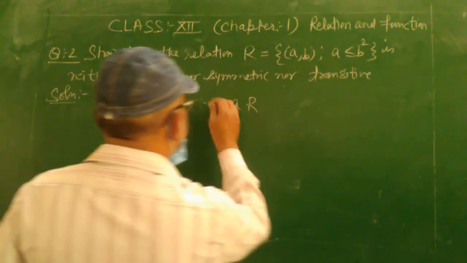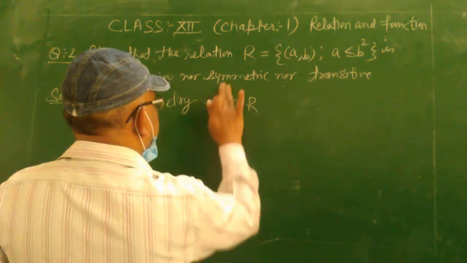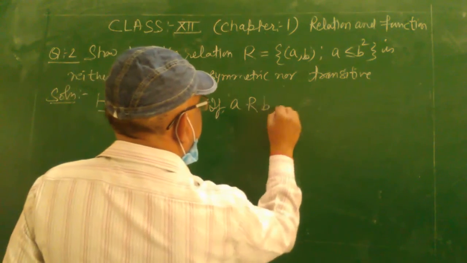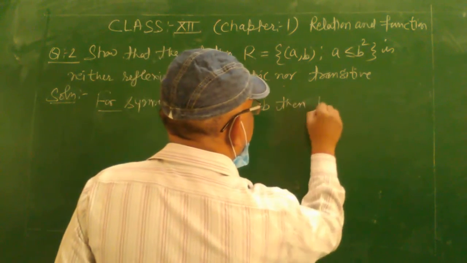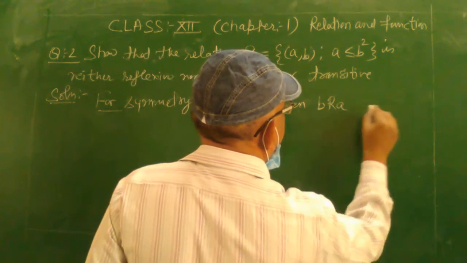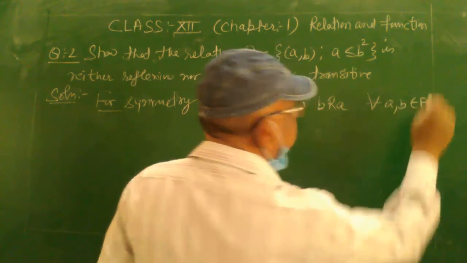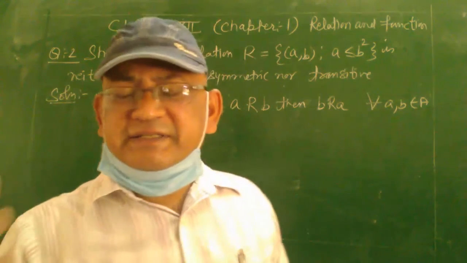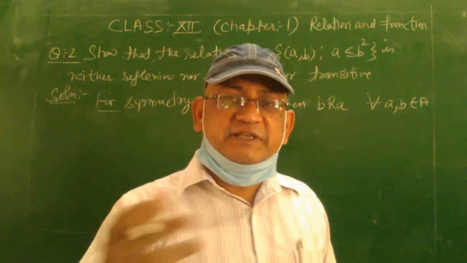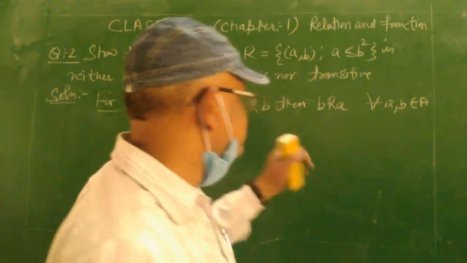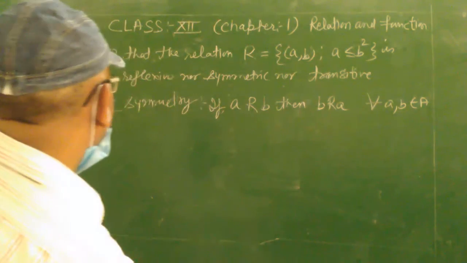If a is related to b, then b must be related to a for all a, b belonging to the set. As an example I have given you, if a is parallel to b, then b must be parallel to a. So in the same sense we will take some example.